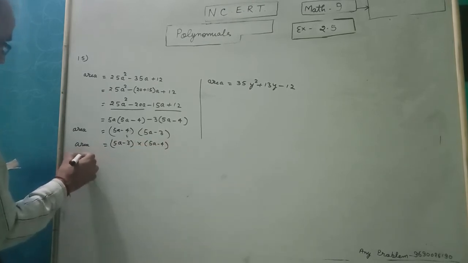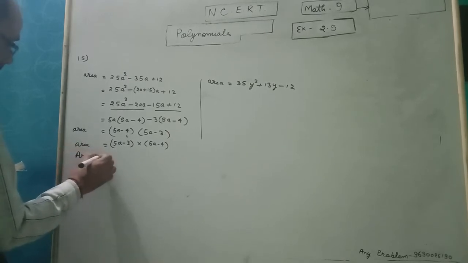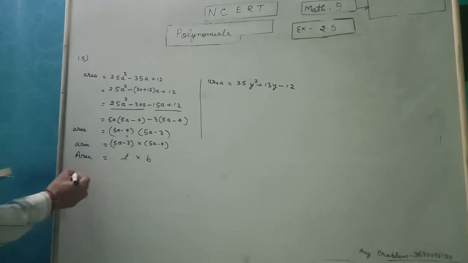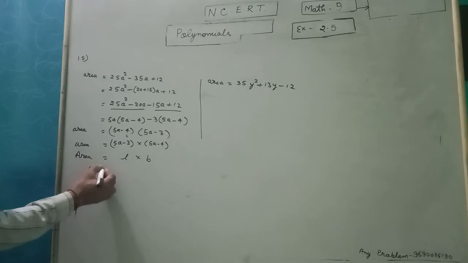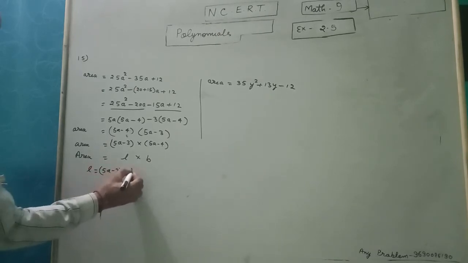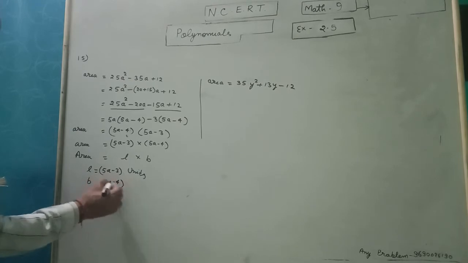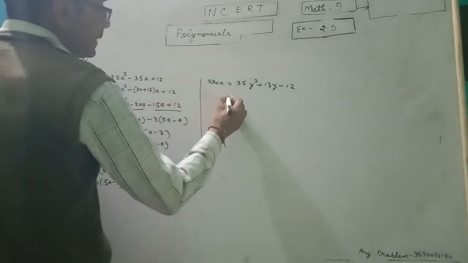Area will be L into B. Dimensions of the rectangle: L will be 5a - 3 units, B will be 5a - 4. First part is complete. Second part is the same.